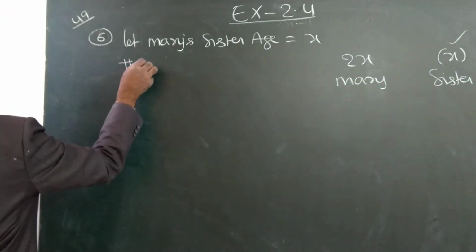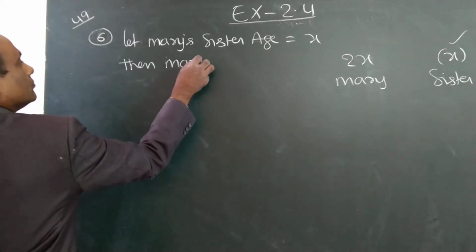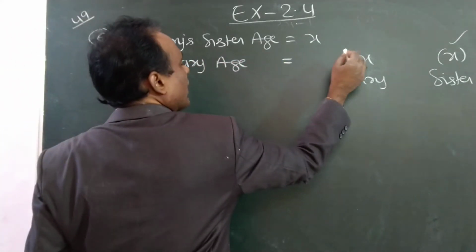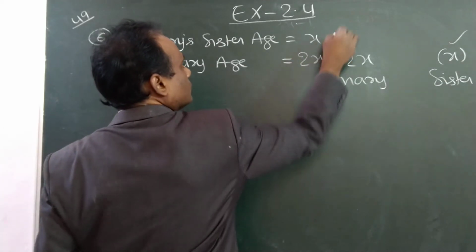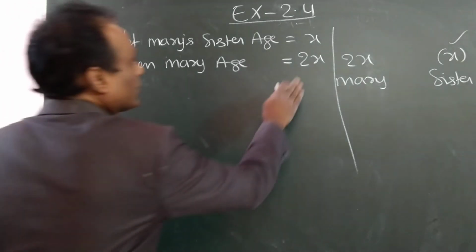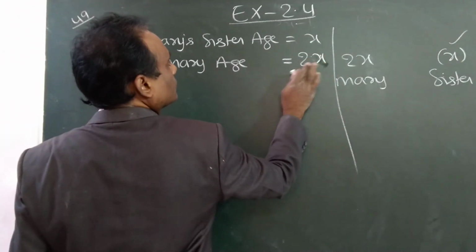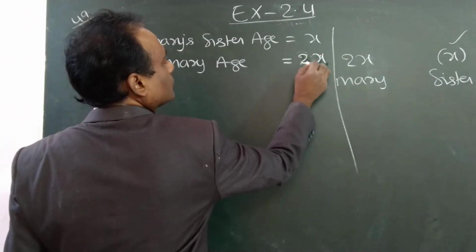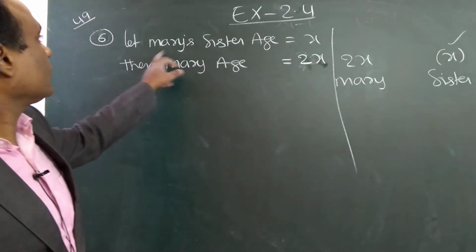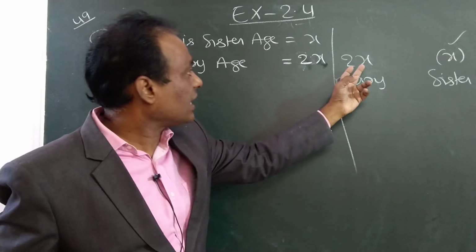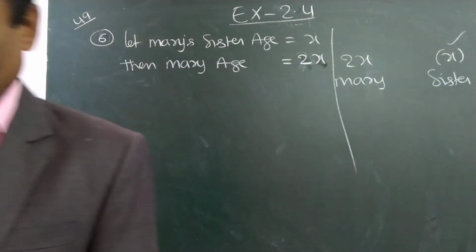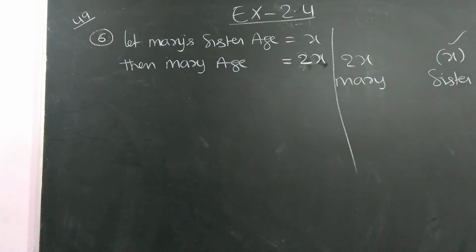Then Mary's age is double, 2x. Sister's age x, Mary's age 2x. Read it: Mary is twice older than her sister.